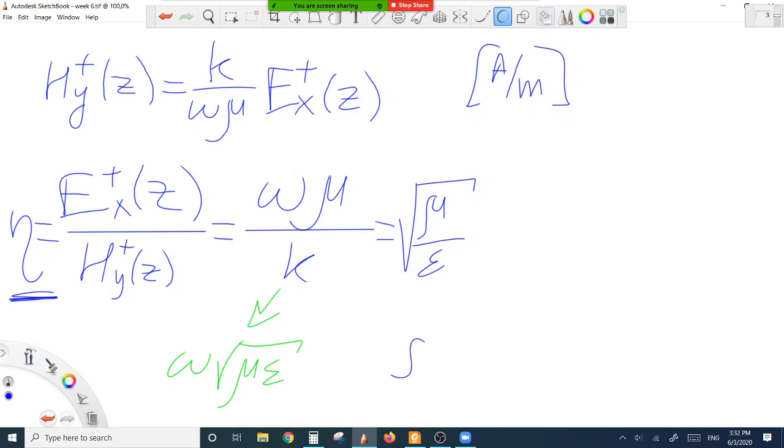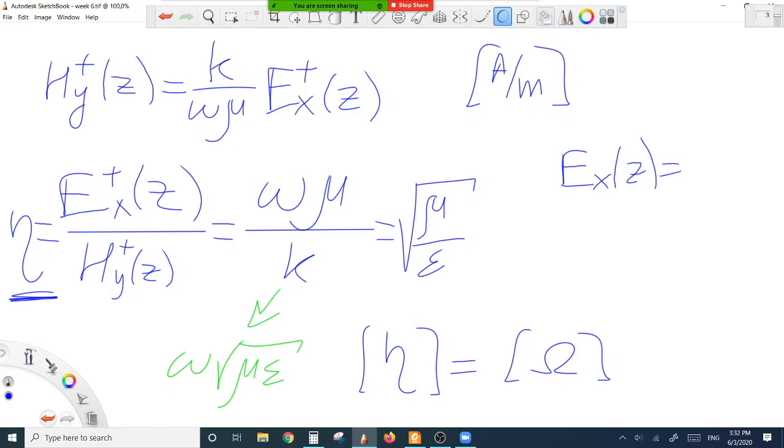The unit of measurement of eta is ohm, because the unit of electric field intensity is volt per meter and the unit of magnetic field intensity is ampere per meter.